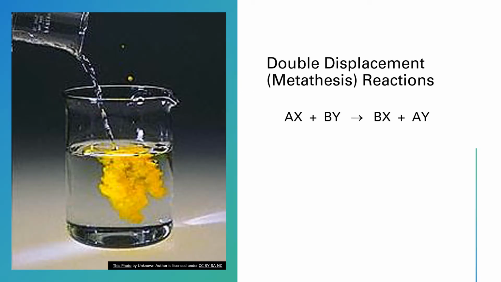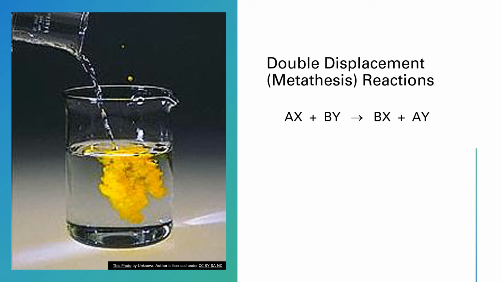Okay, so the precipitation reactions belong to a category of reactions that are known as double displacement. Some people call these double replacement, and some people call these metathesis reactions. We basically have two ionic compounds that swap partners. The ionic compounds have to have a positive ion and a negative ion, and so when these two compounds react, they simply swap partners.